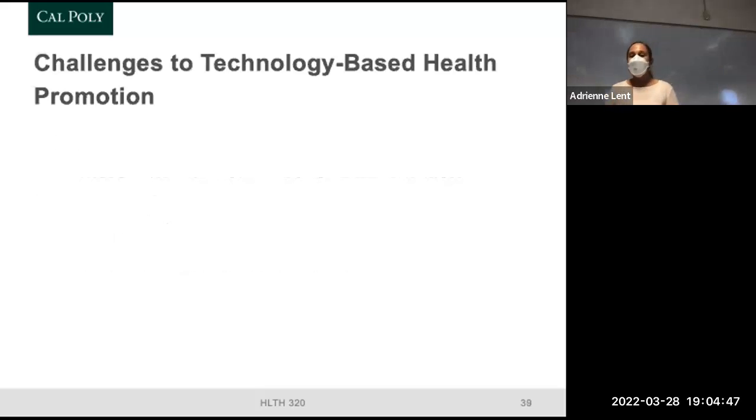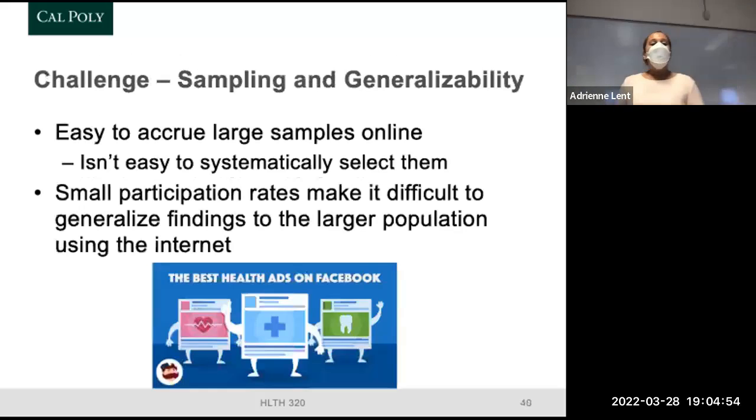There's also some challenges to technology-based health promotion. One of the big issues is that it can be easy to accrue large samples of people online, but it isn't easy to systematically select them.